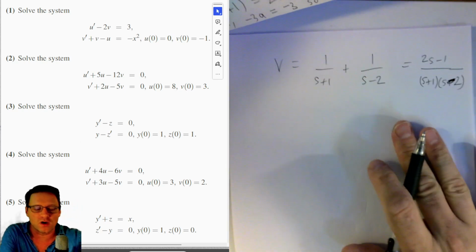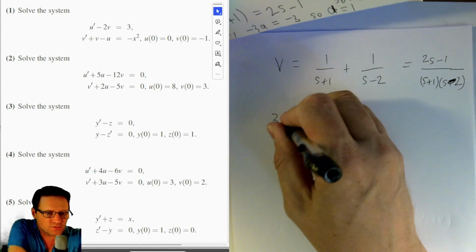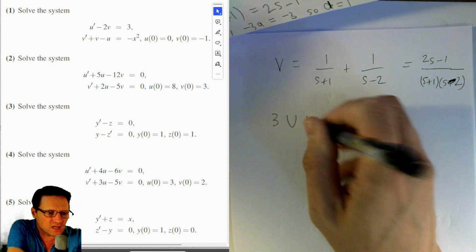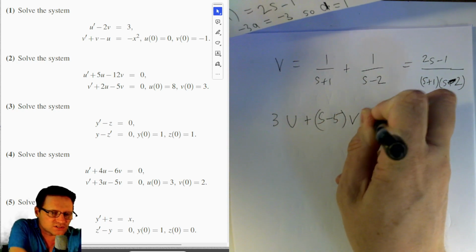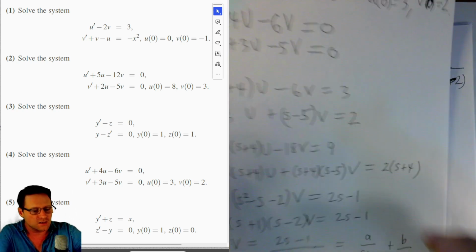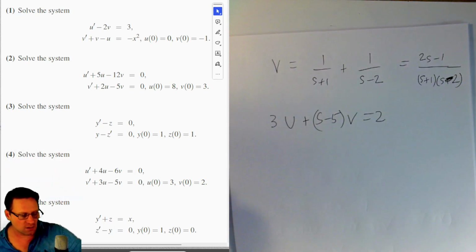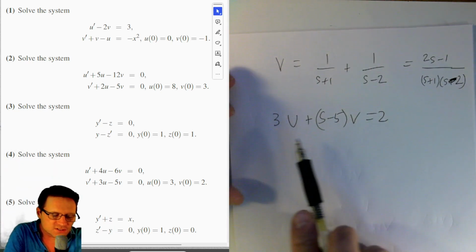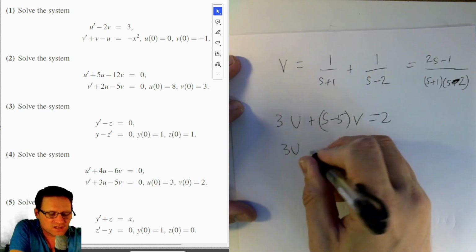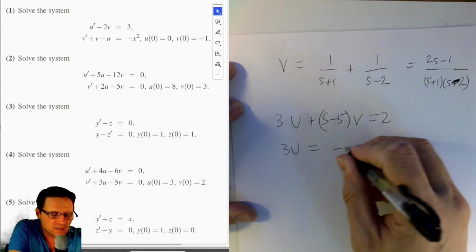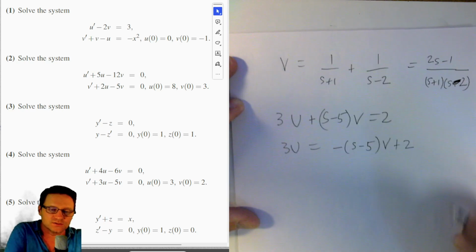Okay, because we now want to find U. So let's recall we had 3U plus S minus 5V equals 2, right, from this line. Okay, so solving this for uppercase U, we have 3U equals minus S minus 5V plus 2.